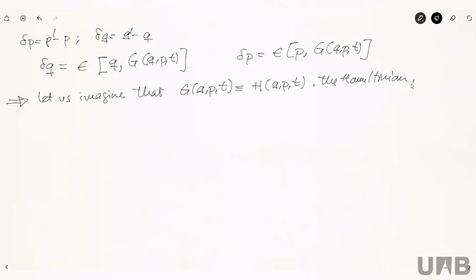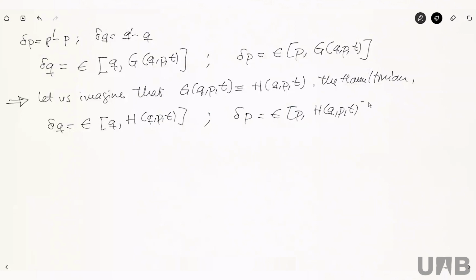So let us see what happens if we just choose g to be the Hamiltonian, precisely this function of q, p, and t. G is a function of q, p, and t in general, so the Hamiltonian is one of these functions. Then the previous equations would become delta q equals epsilon times the Poisson bracket of q with H of q, p, and t, and delta p equals epsilon times the Poisson bracket of p with H of q, p, and t.